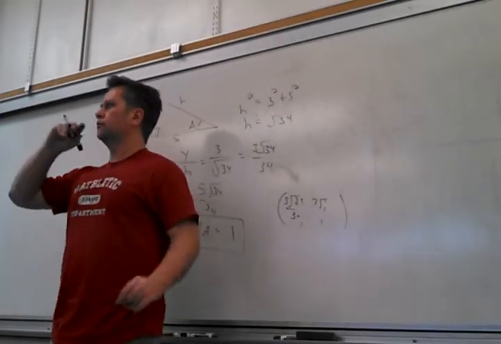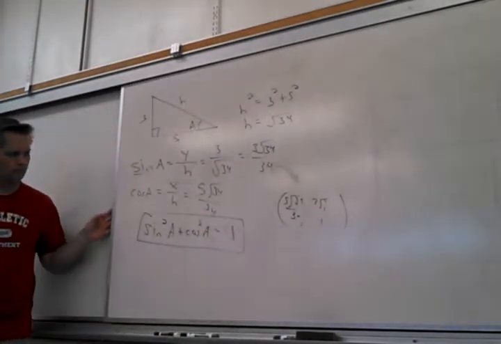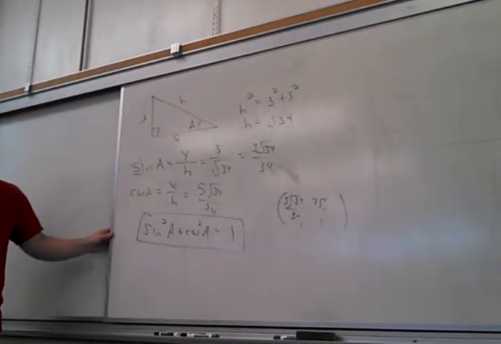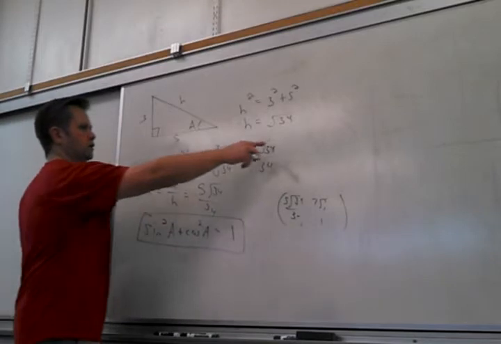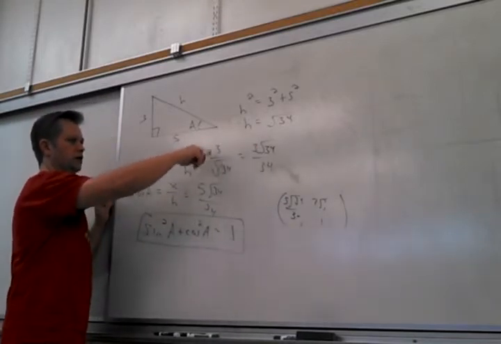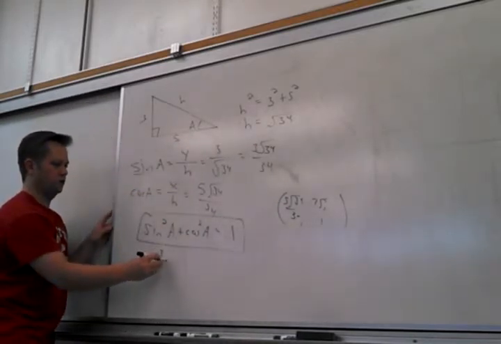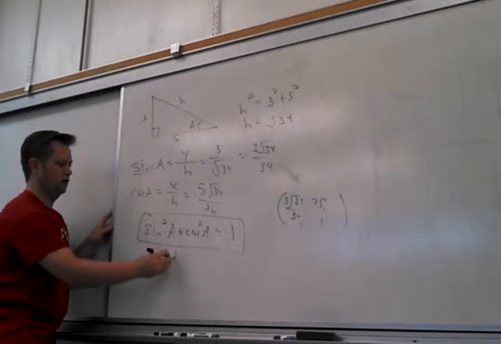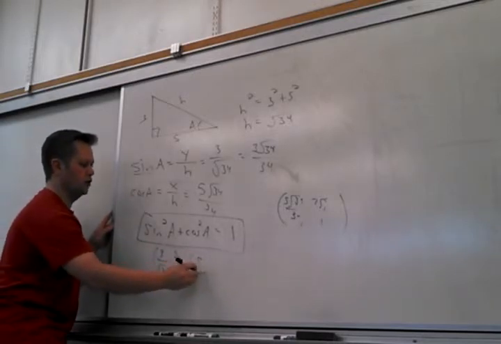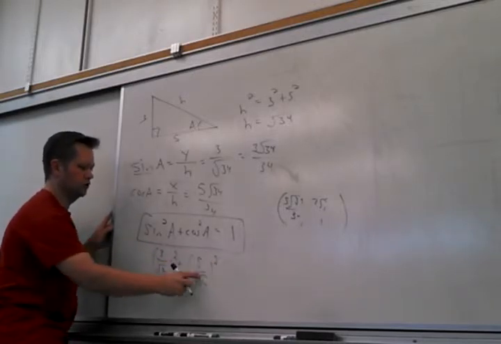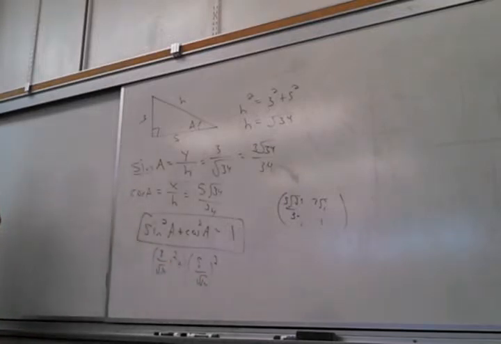Yes? Just real quick. So when you plug that in, would you be squaring the whole sine of A? Yeah, you would square this whole thing, or you could square it like this, it'd be a little easier. So if we check this, it would be 3 over root 34 squared plus 5 over root 34 squared. Is that cool? I'm just doing the unrationalized, because I'm going to square it anyway, so I'm going to kill the radical that way.